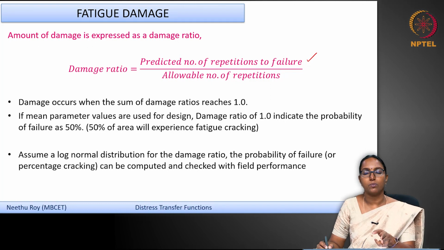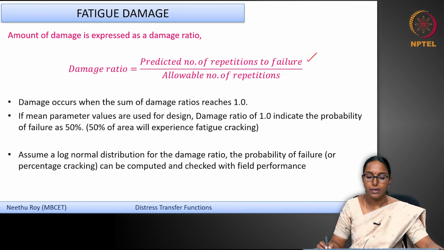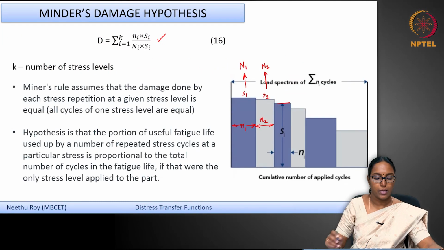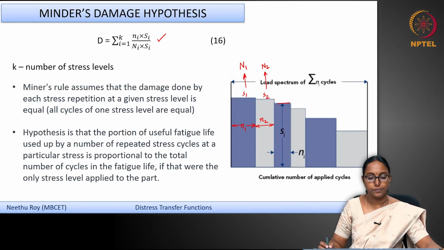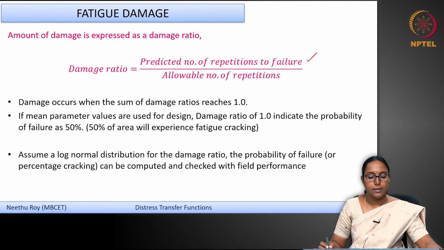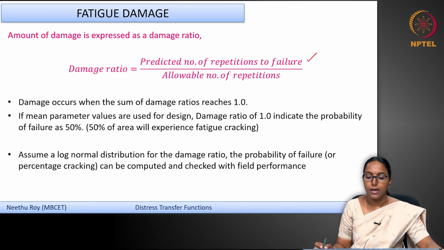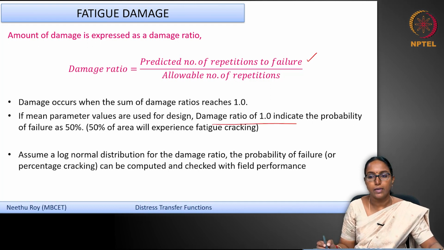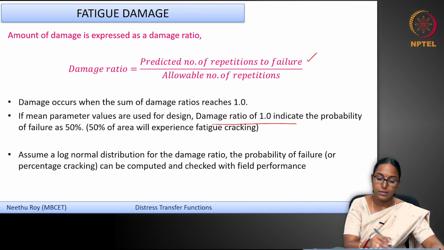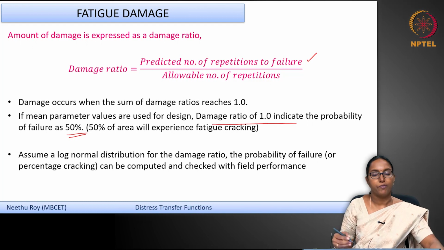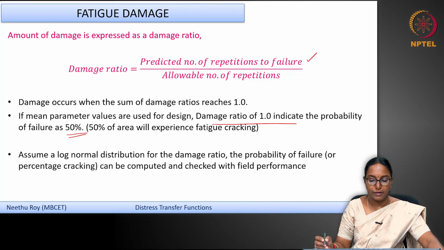How the damage is accumulated is given by Miner's rule. Now, suppose in the analysis mean values of the various parameters are used for design, then a damage ratio of 1 will indicate that the probability of failure is 50%, because 50% of the area will have reached fatigue cracking.